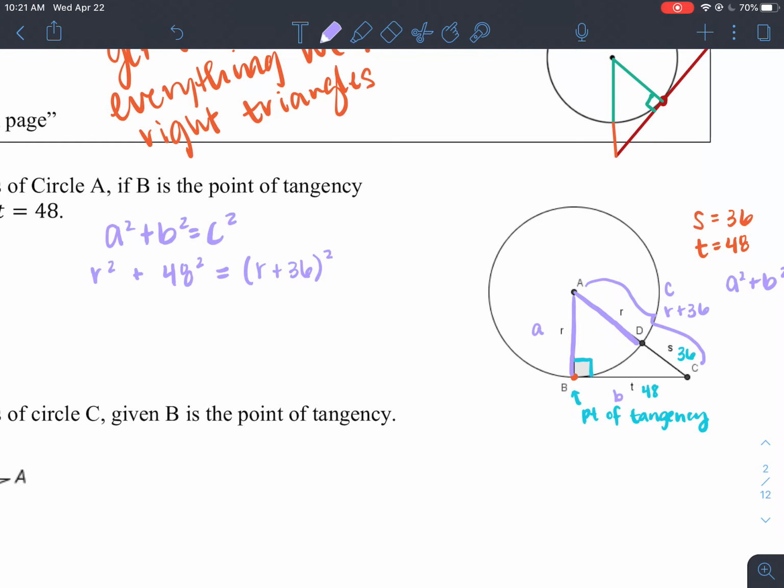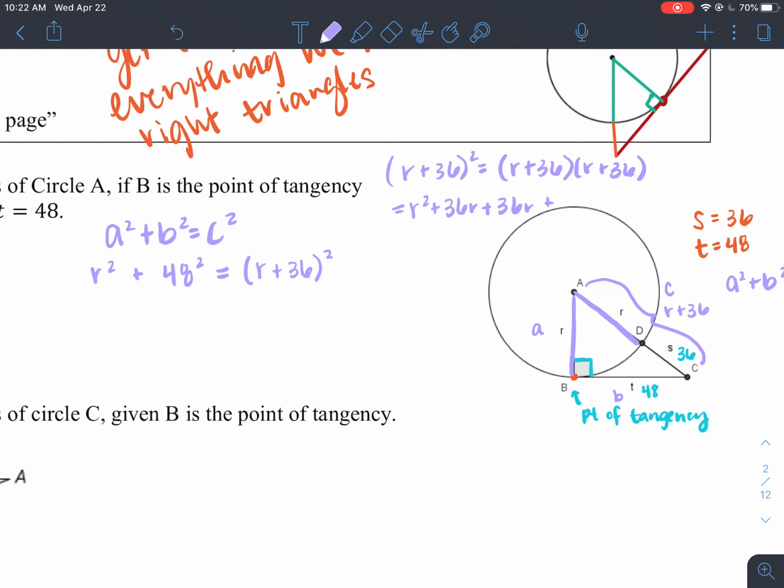Remember, when you square something, R plus 36 parentheses squared, that means R plus 36 times R plus 36. I don't get to distribute the exponent. I have to actually multiply this out. And so I can FOIL and get R squared plus 36R plus 36R plus whatever 36 times 36 is.